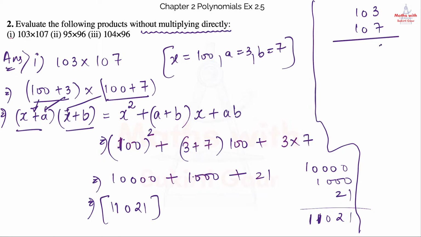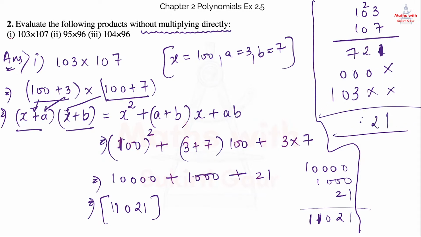Here multiply it: 107 into 103, we have got 11021. So this was a check. If in case you doubt your answer, you can check like this. You can correct the mistakes then. Okay, so this was a check.